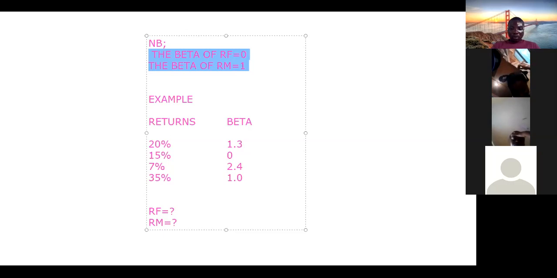RF is always equal to 0. No. Read the thing well. Read what I wrote there. I didn't say RF is always equal to 0. I said the beta. The emphasis is on this one. The beta of RF is always equal to 0.